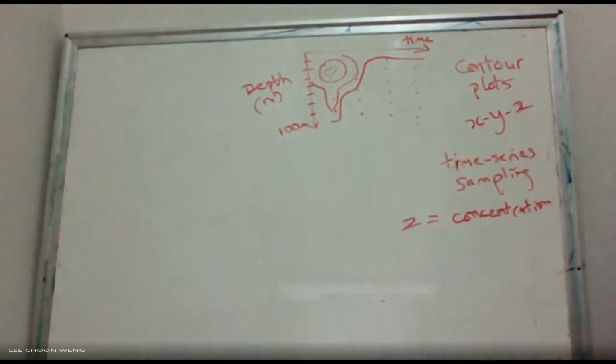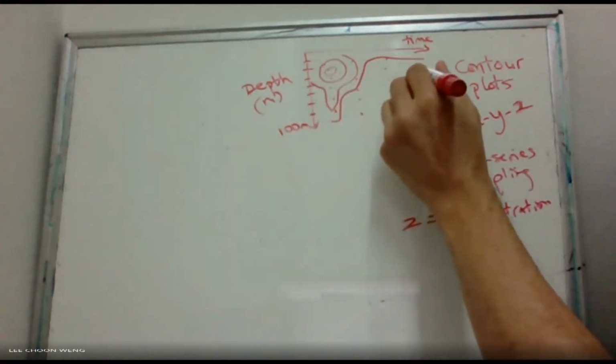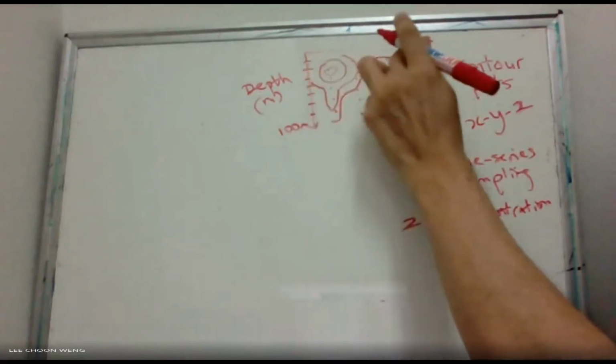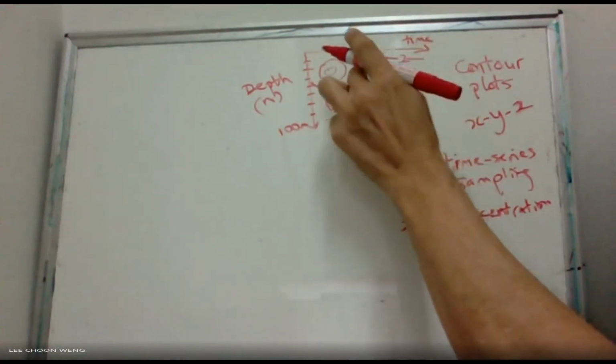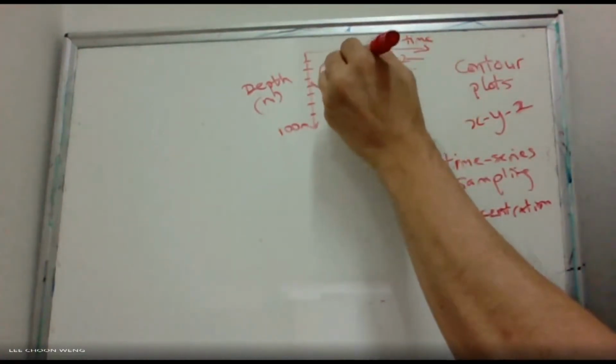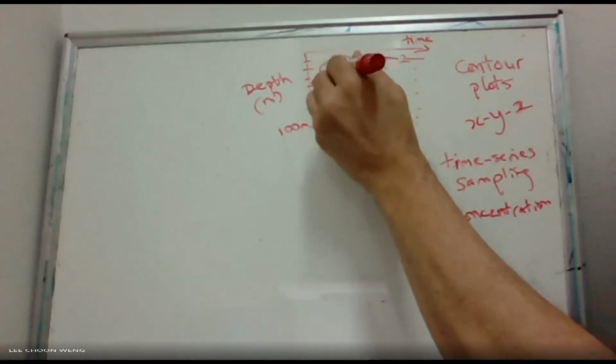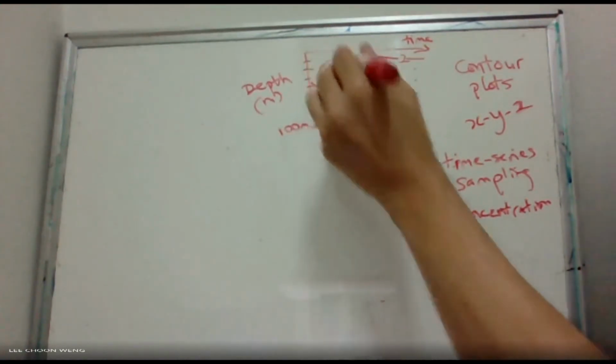Okay, then from here maybe you can see the numbers here: 2, 4, 6, 8.